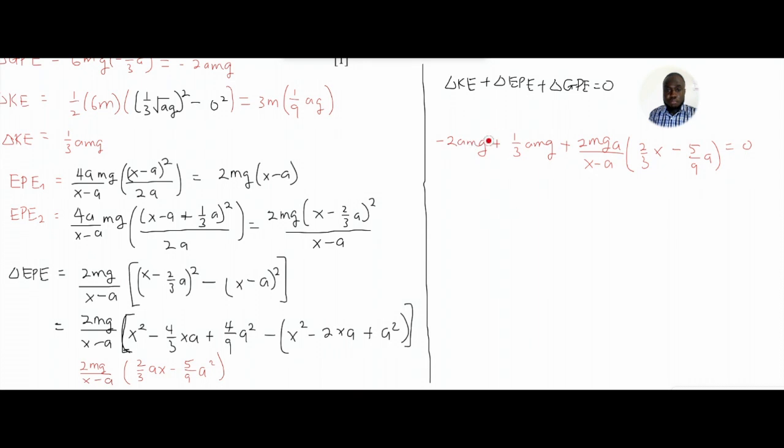Clearly we can simplify this. Now we can cancel out amg on both sides of this equation, and then that will leave us with... Now let's expand the brackets and simplify.